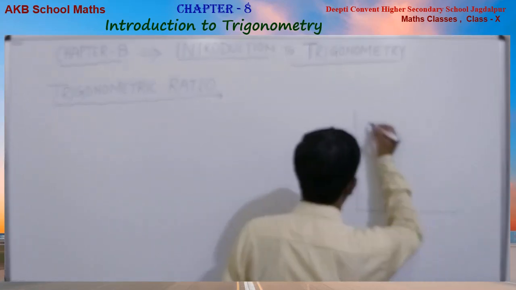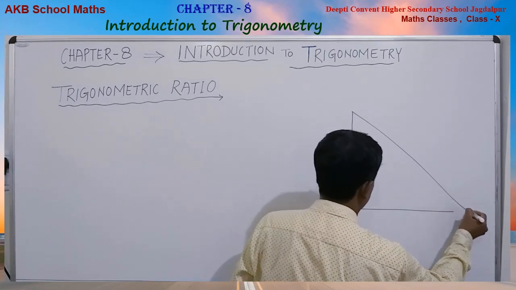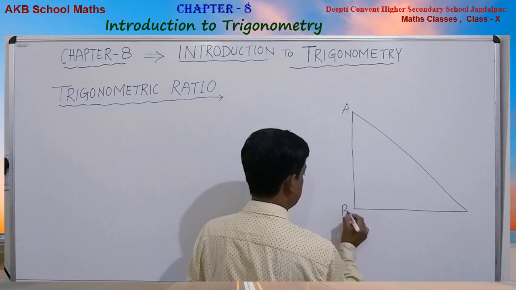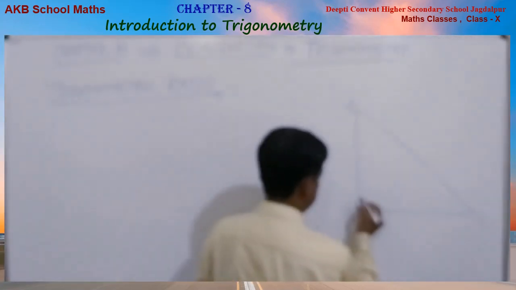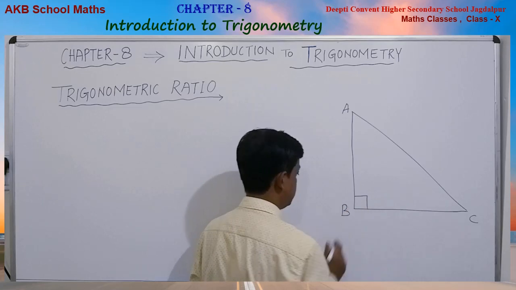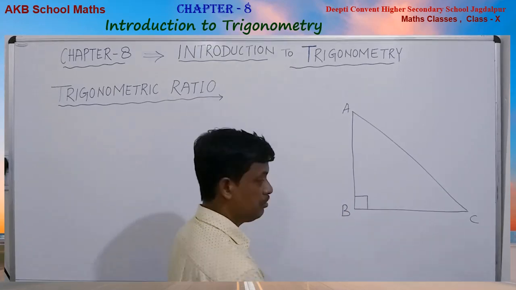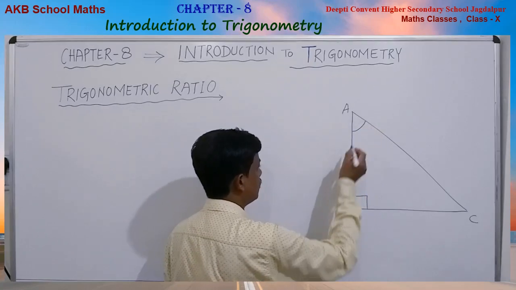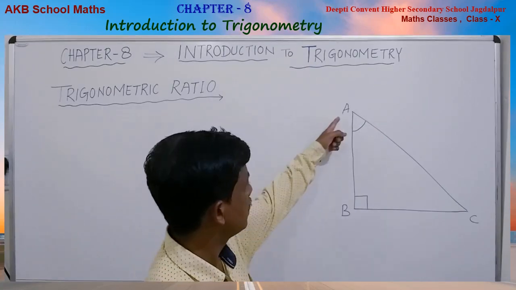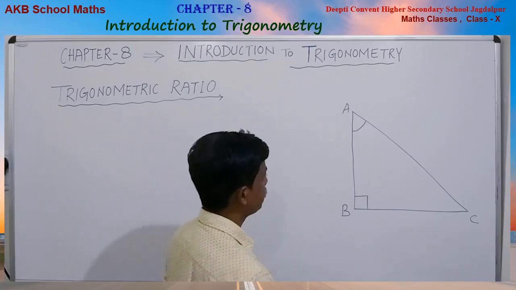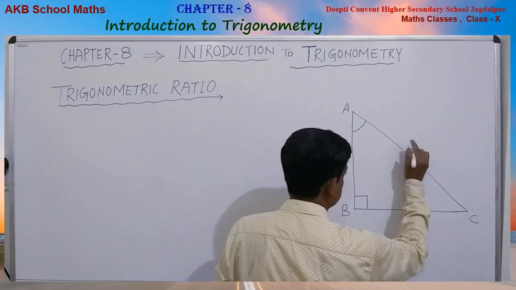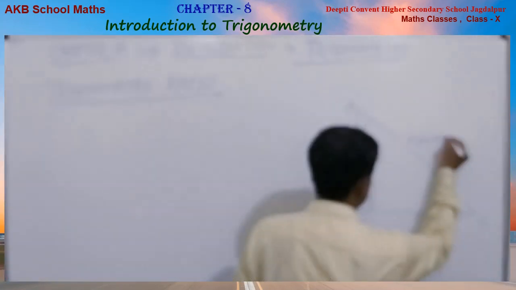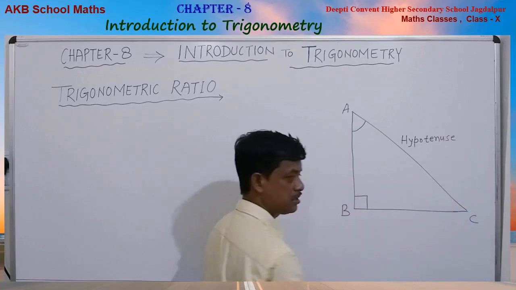Suppose this is a right angle triangle A, B, C, with the right angle at B. Now some notation is there. Suppose this is angle A and we are concerned with this acute angle. Then, opposite the 90 degrees, AC will be the hypotenuse.